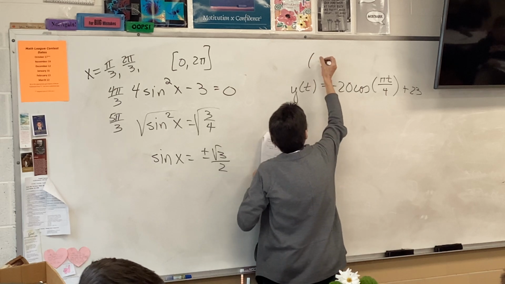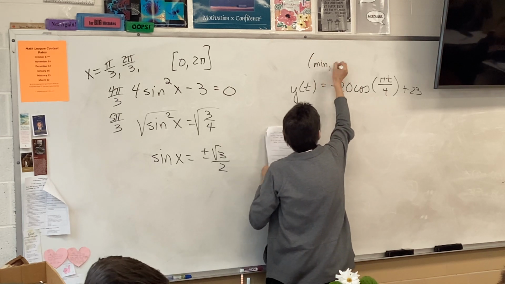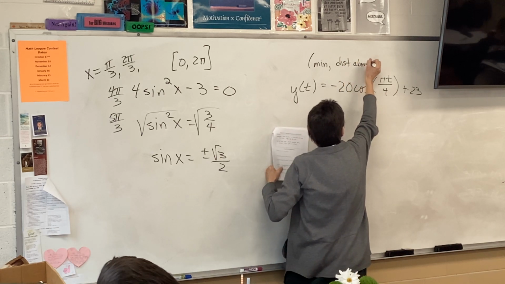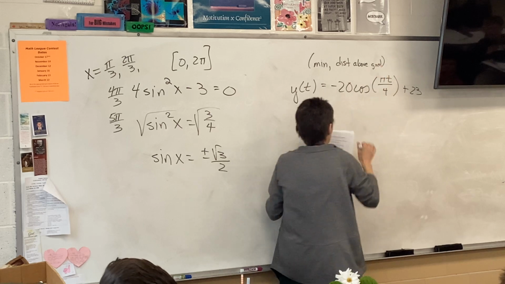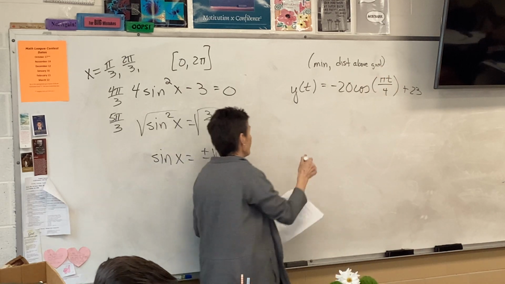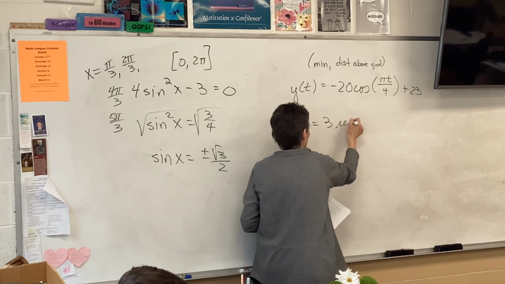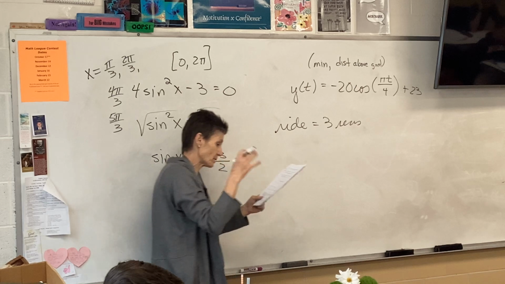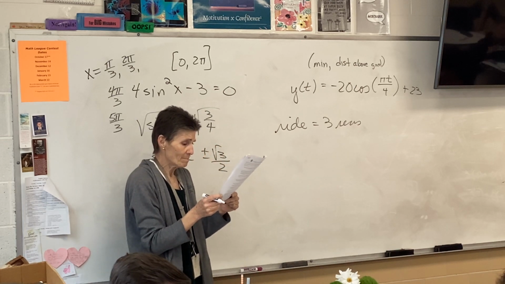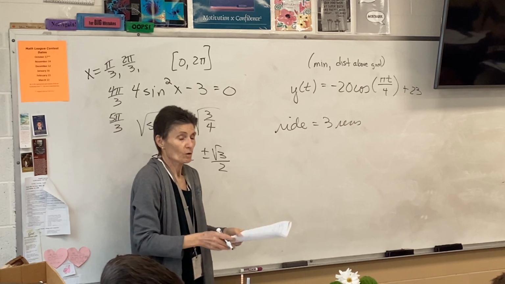So our ordered pairs are minutes and distance above ground. Okay, that's what ordered pairs represent. Every ride is 3 full revolutions. So you go buy your ticket, you pay your money, you get to go around 3 times. How many minutes does one ride last? What was your thought on that?